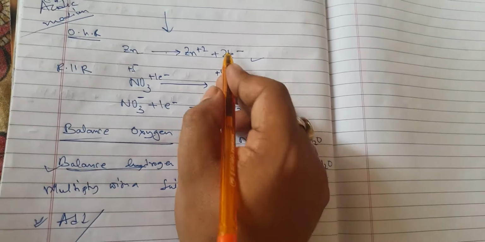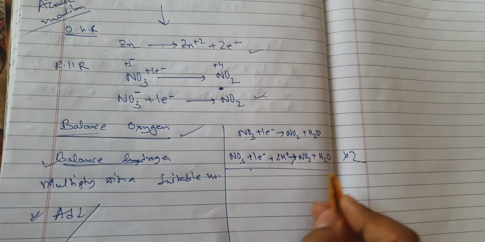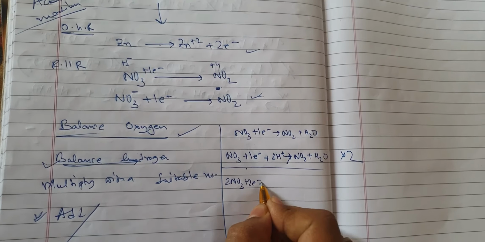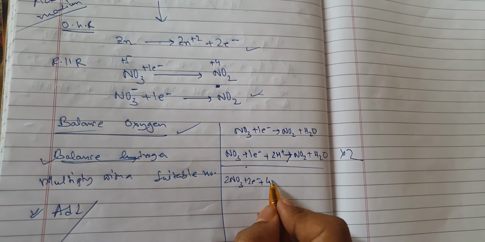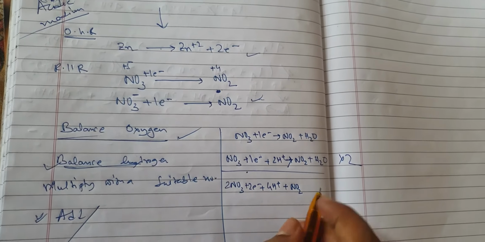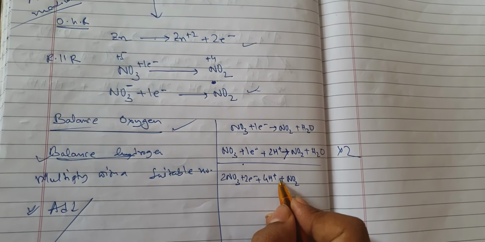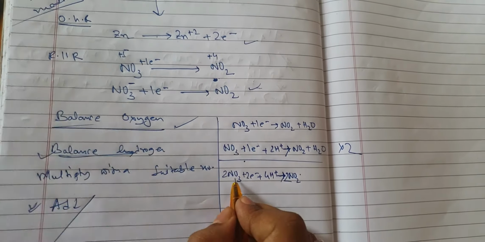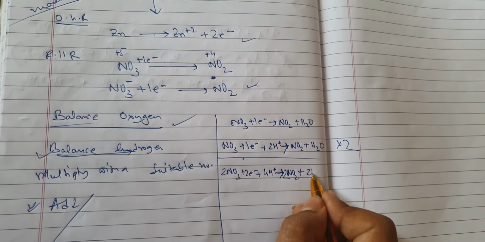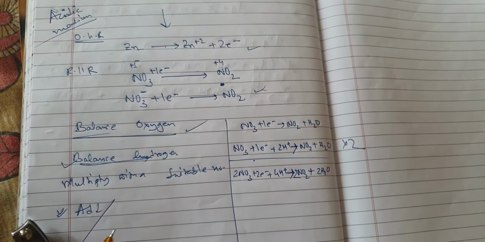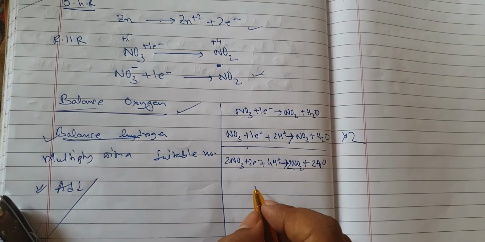Now it is 1 electron here, 2 electrons there, so multiply with 2. So 2 NO3 plus 2 electrons plus 4H plus gives 2 NO2 plus 2 H2O. So I hope that you have understood.